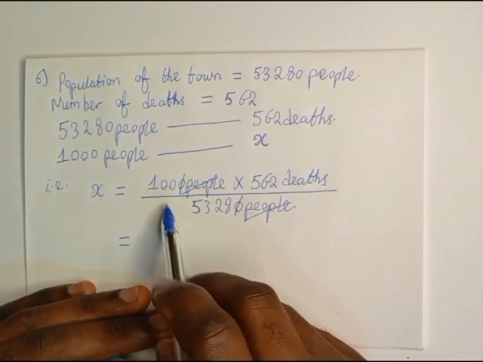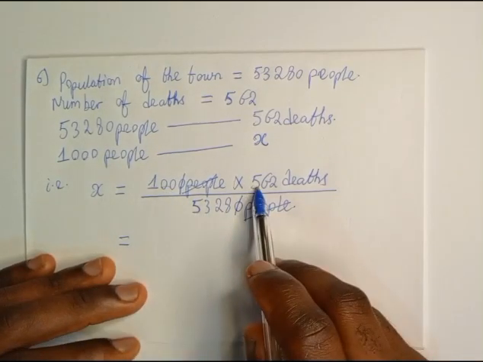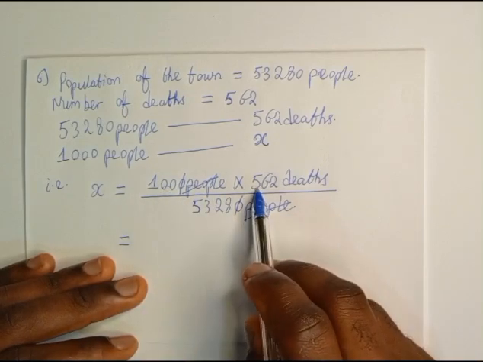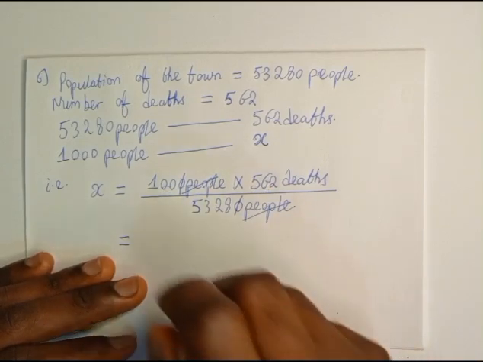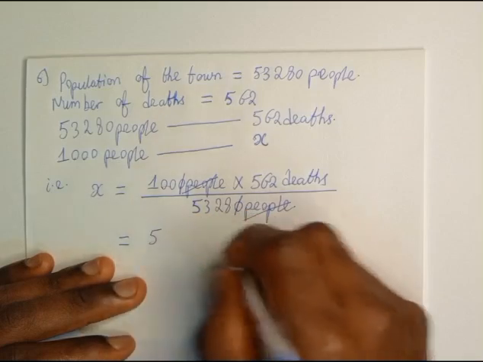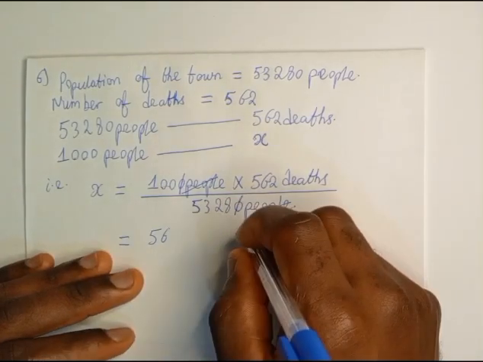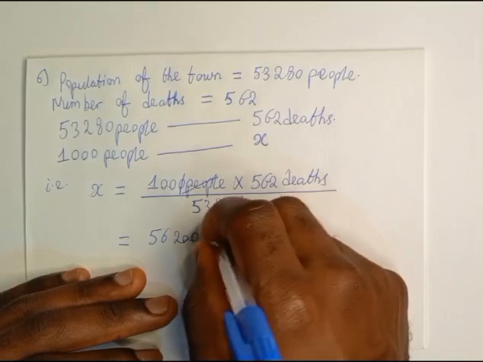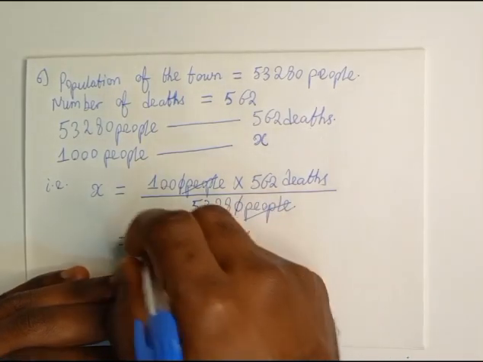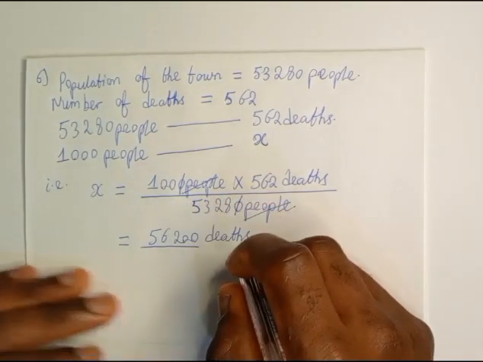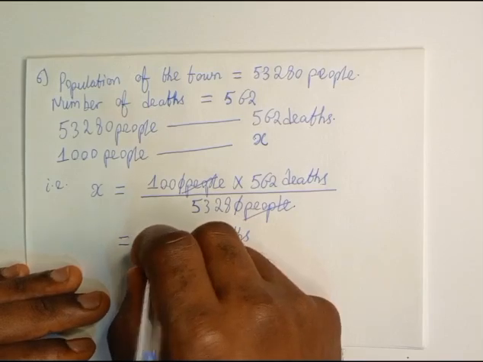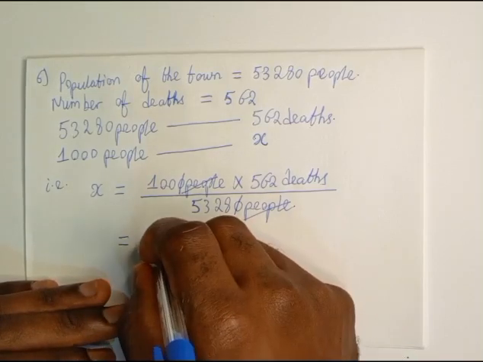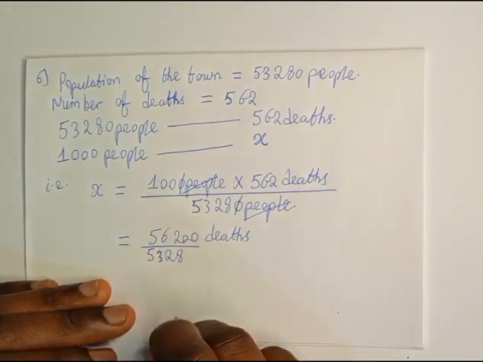We perform multiplication. 1,000 times 100 times 562 gives us 56,200 deaths. We divide by 5,328.